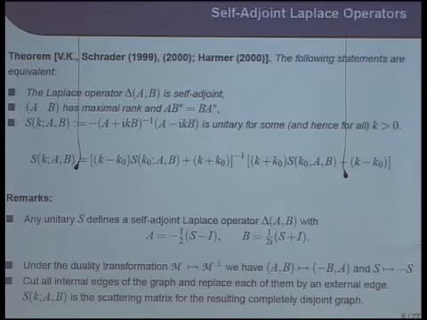In which way? We have a graph with external and internal edges. Let's cut all internal edges and replace any internal edge with two external edges, two lines. This means what we get is a completely disjoint graph consisting of vertices attached to a number of external edges. And finally, S is actually the scattering matrix on this totally disjoint graph.